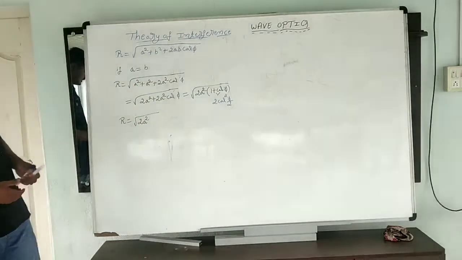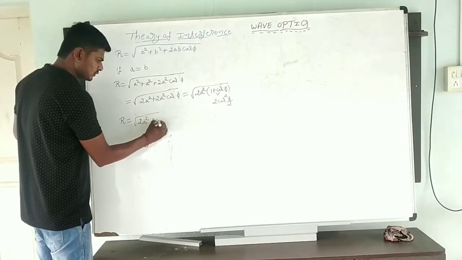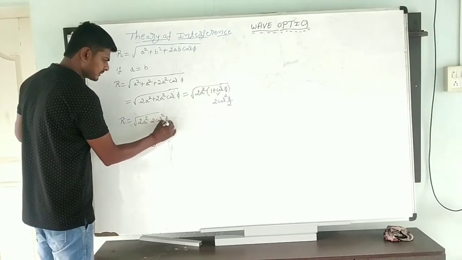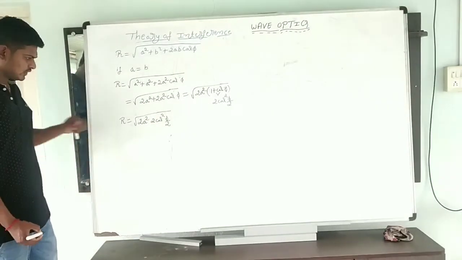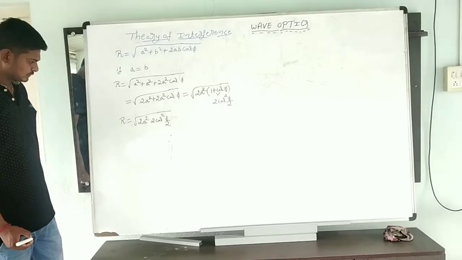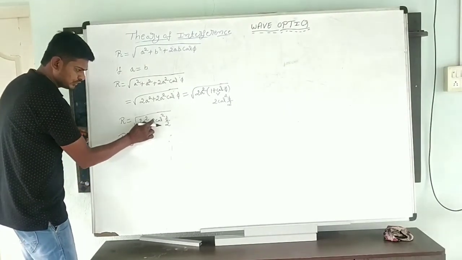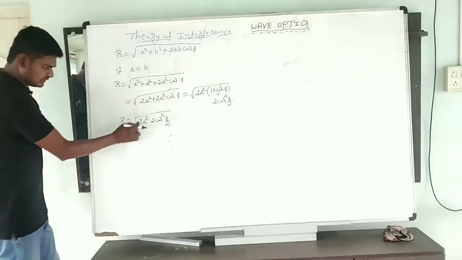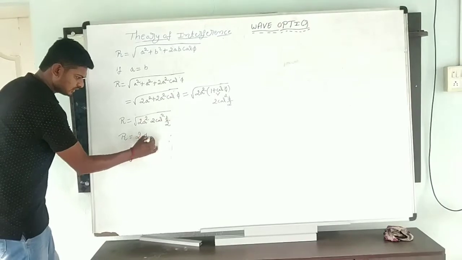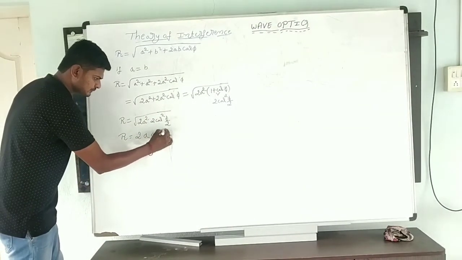Yes, 2 cos square phi by 2. When I substitute here, 2 cos square phi by 2, it is equal to what? 2 into 2, 4. 4 I am going to take root, means what? 2. A square I am going to take the square root, means what? A. Cos square phi by 2 means what? Cos phi by 2.